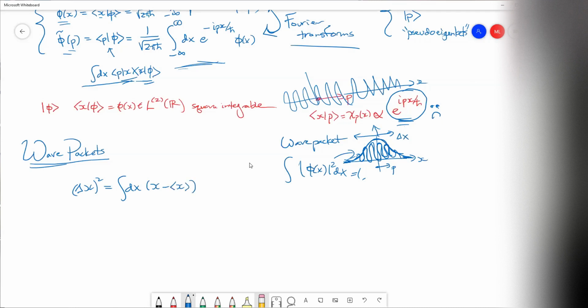Now I'm writing this in terms of the wave functions and momenta. We got dp, and the momentum uncertainty is, of course, more convenient to write in terms of a Fourier transformed wave function, function of p.